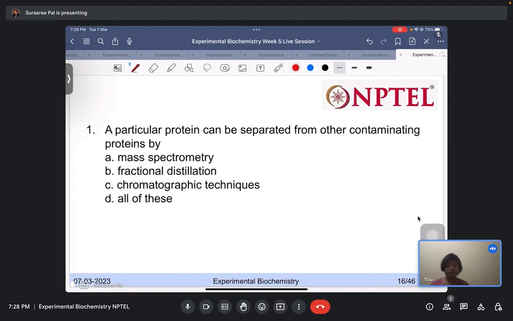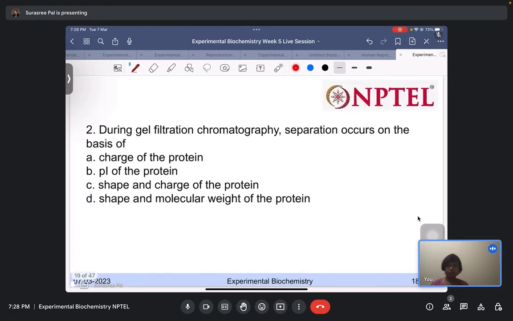First question is, a particular protein can be separated from other contaminating proteins by... so you can understand that the correct answer will be chromatographic techniques. Next question.